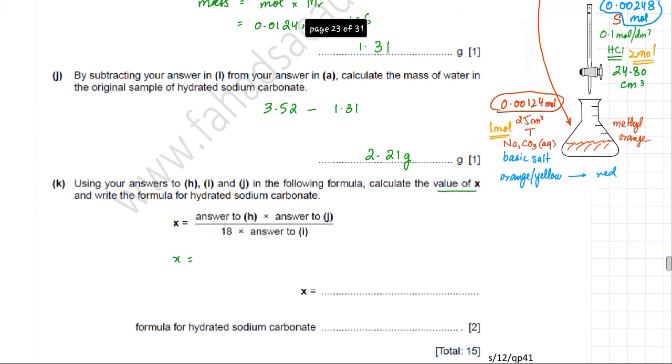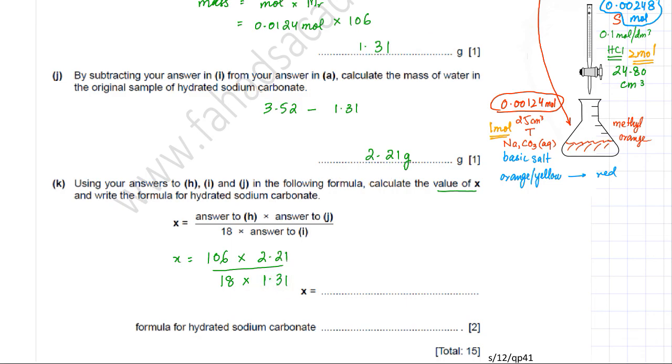So that is 106 multiplied by our answer in J, which is 2.21, divided by 18, then multiplied by the answer in I, which was 1.31.